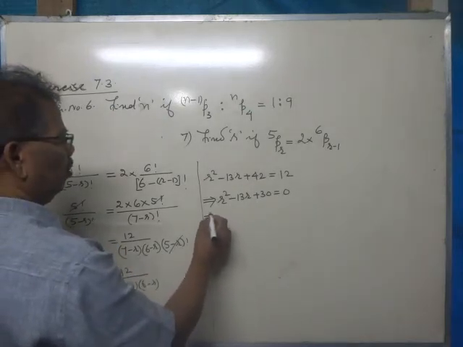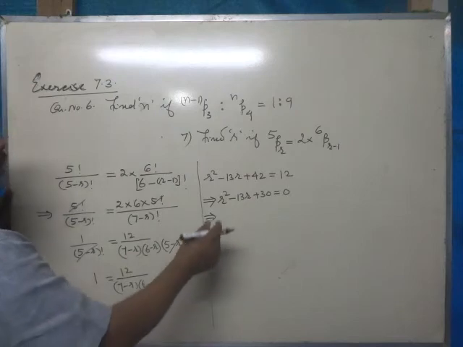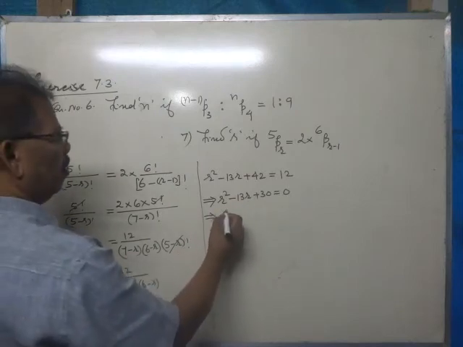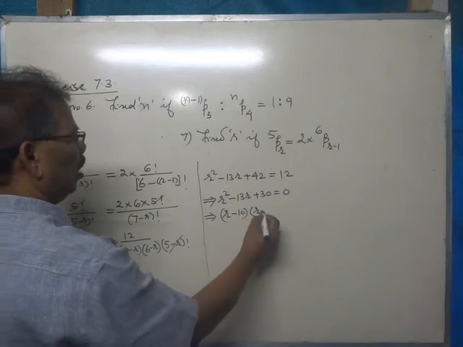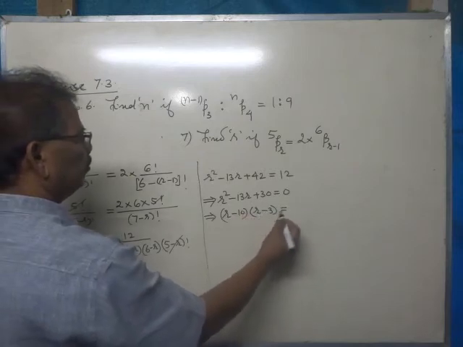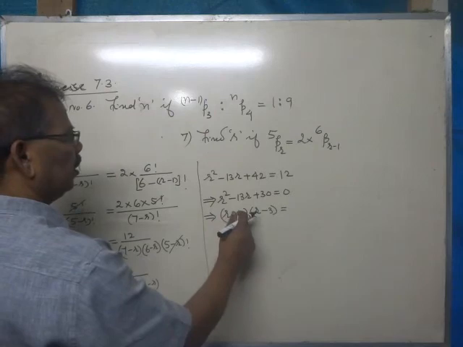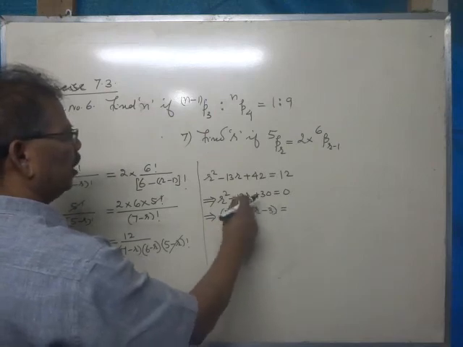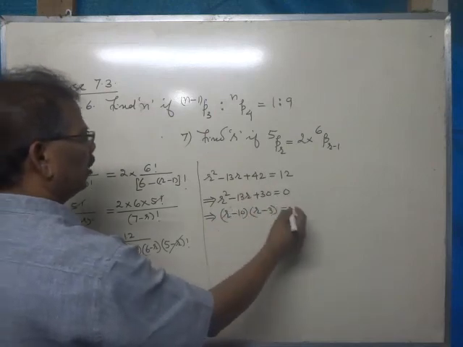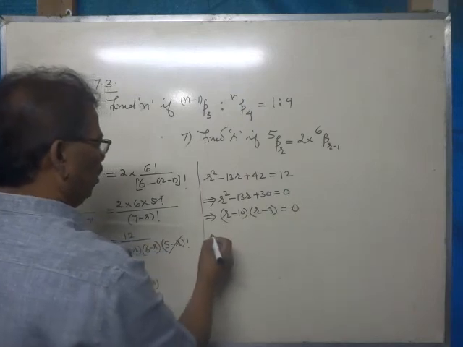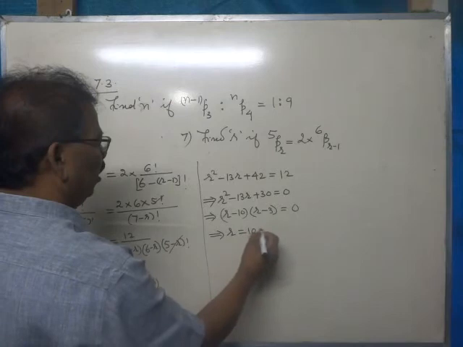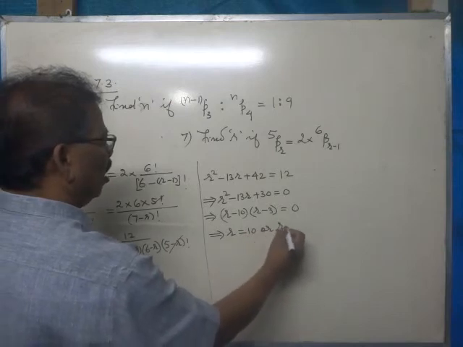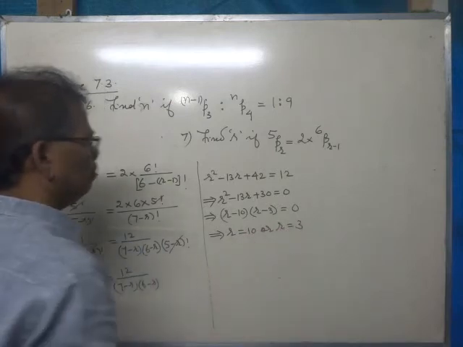Now we can factorize this as (r−10)(r−3). Minus 10 plus minus 3 is minus 13r, and the product is 30, correct, equals 0. That is to say, r equals 10 or r equals 3.